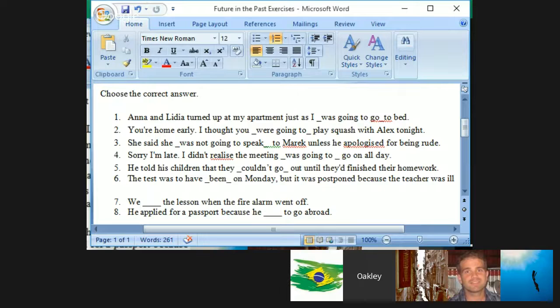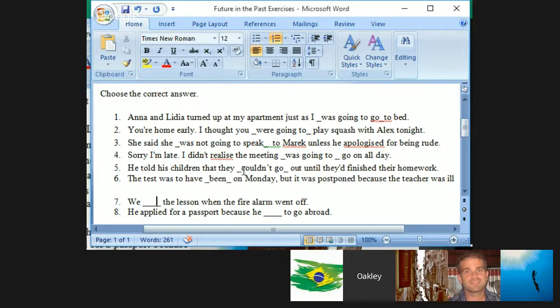Okay. Well, what's confusing things is we have passives here. You know, that was postponed. Passive past. Backshift is what it is. When you add these extra elements, it makes it all the more confusing to process in your brain. So anyway, yes, you can use the test was going to have been on Monday.